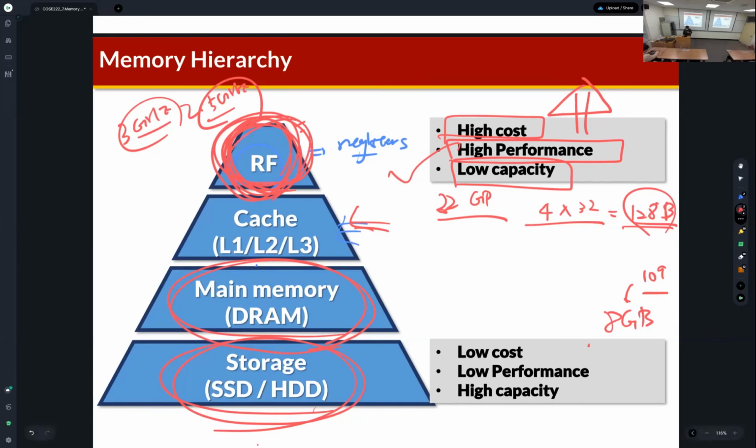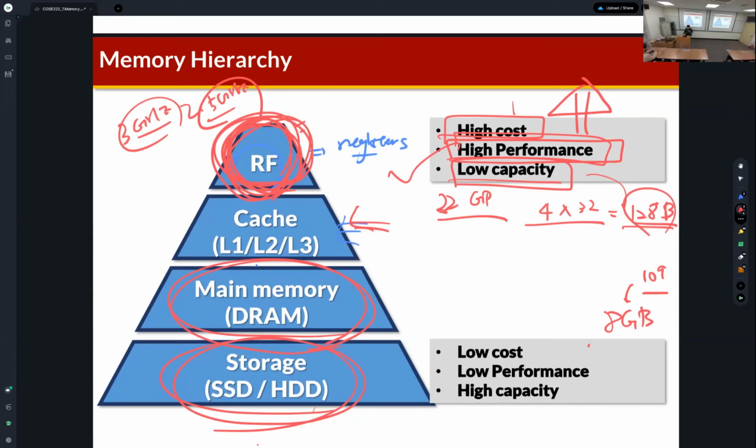So the register file is a high performance memory, but its size is very small because of cost. We cannot use a very large, good memory inside of a processor.